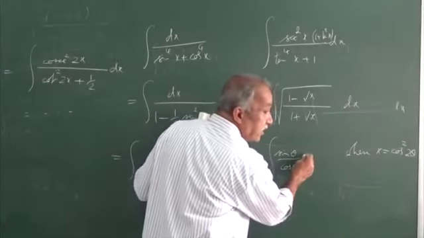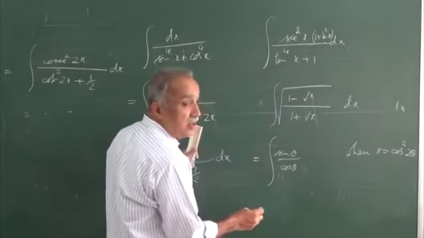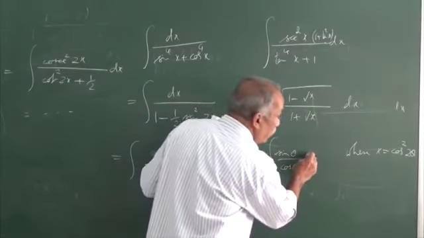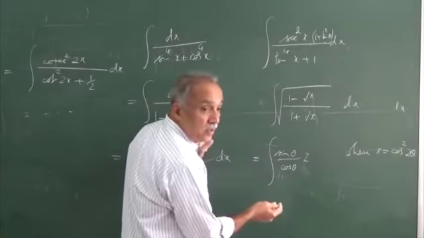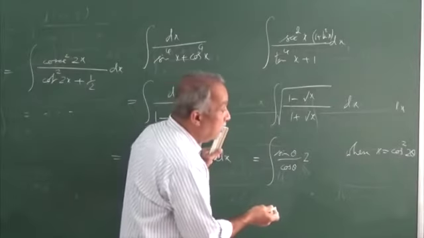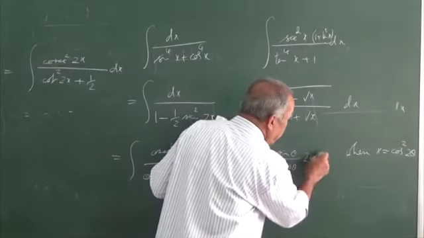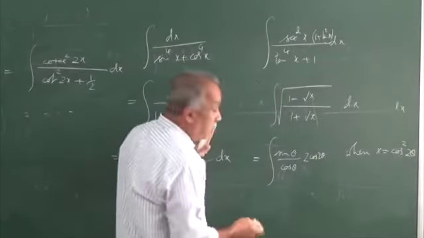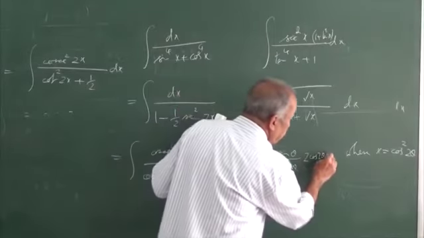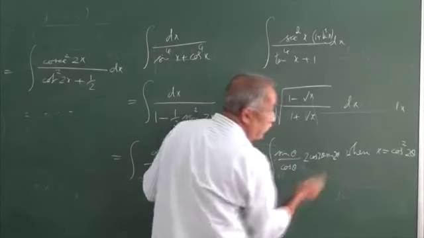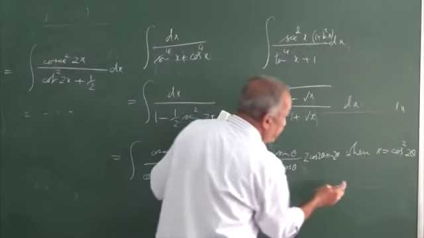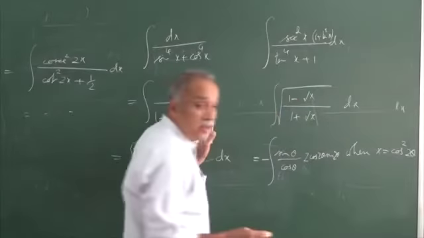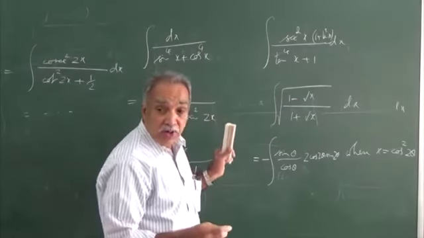Dx is 2 cos 2 theta into minus sin 2 theta into 2 d theta. Just d theta or 2 d theta? 2 d theta.